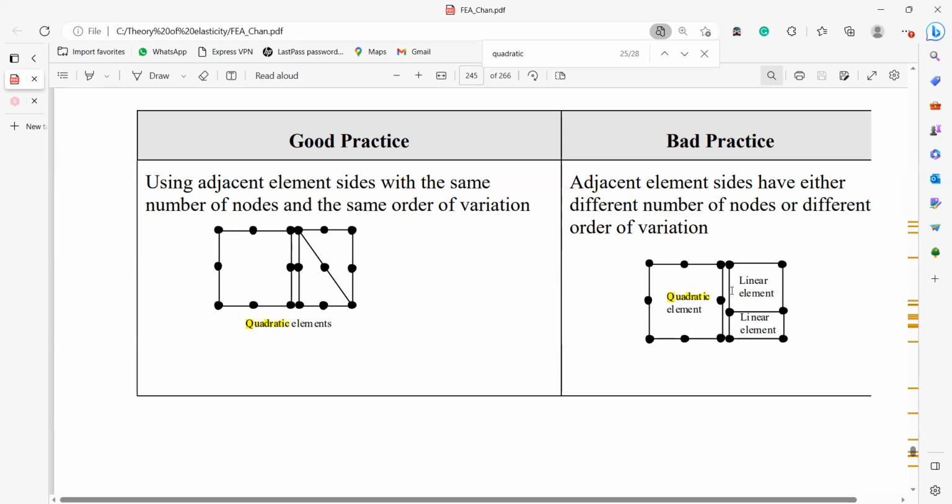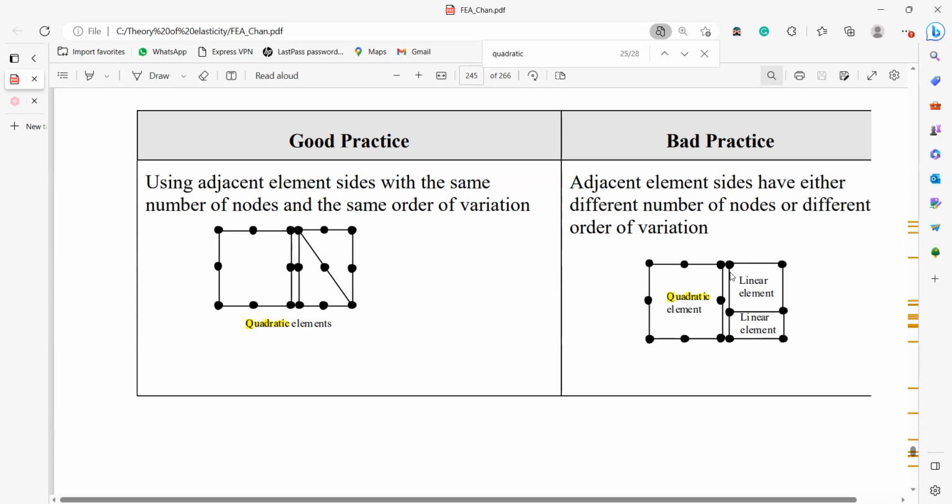Whereas here, even though there are 3 nodes here and 3 nodes here, still there is some incompatibility, because the quadratic element is just one element and has 3 nodes, whereas here you have 2 linear elements and these elements have just 2 nodes.